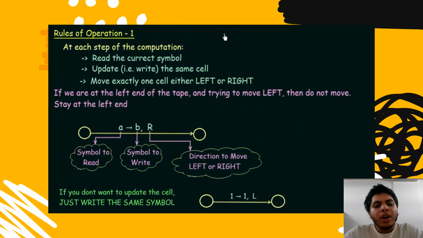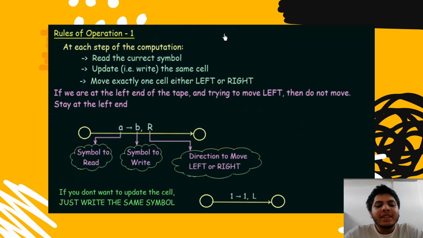Now there is one case: if you do not want to update the cell, then what do you do? So let's assume that our tape head is on one symbol and that you are reading that symbol and you have to update the same cell. Now, what if you don't want to update?